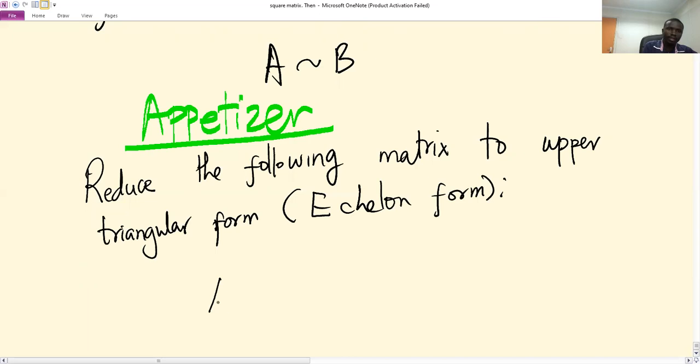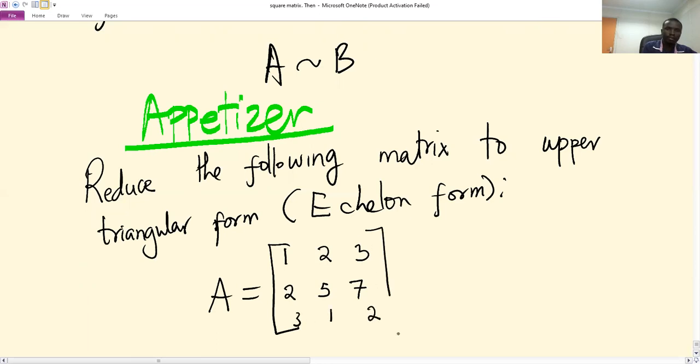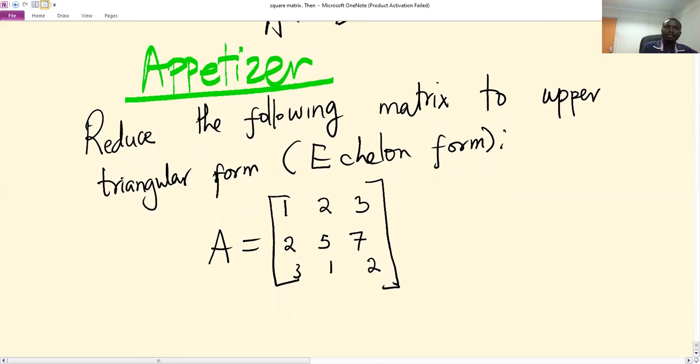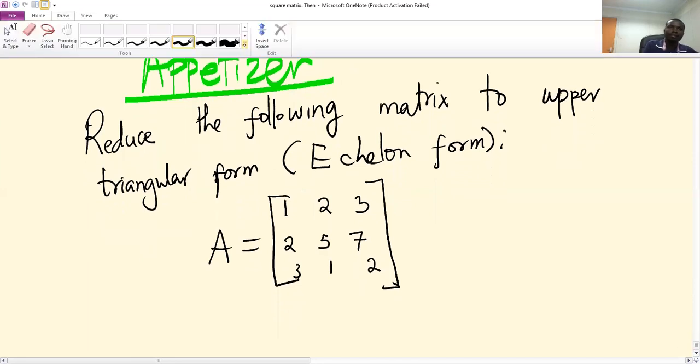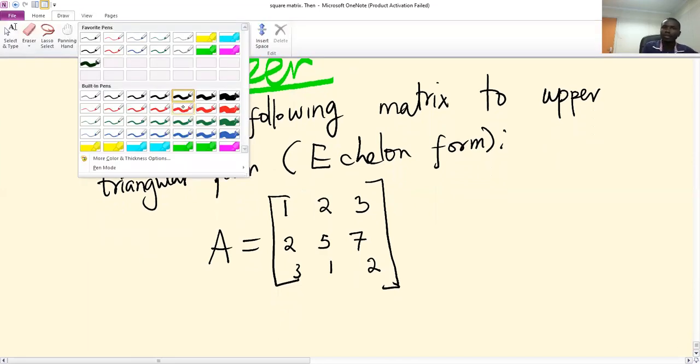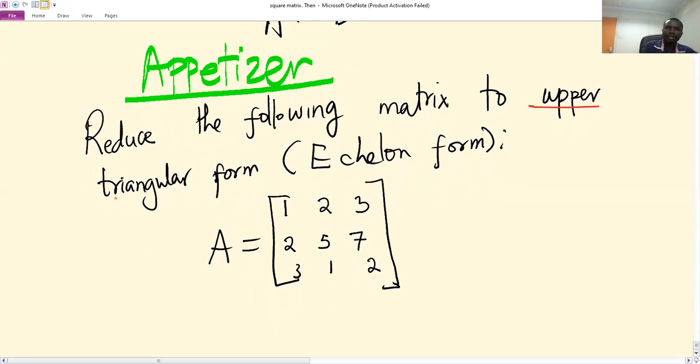The matrix is given by 1, 2, 3, 2, 5, 7, 3, 1, and 2. Let's start by recalling what an upper triangular matrix is.